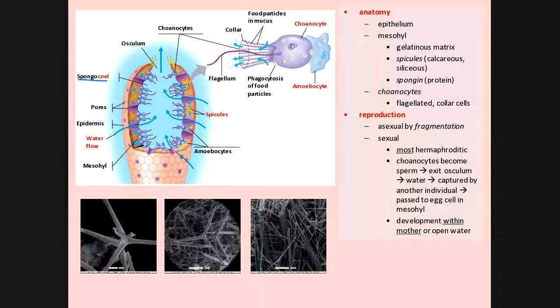Siliceous is glass, basically. Calcareous is shells, calcium carbonate, the coral. We've talked about it before. But whatever they're made of, these spicules are rigid or hard. So you see the sponge gets its shape from being held together by this gelatinous matrix of spongin with all these spicules embedded in it.